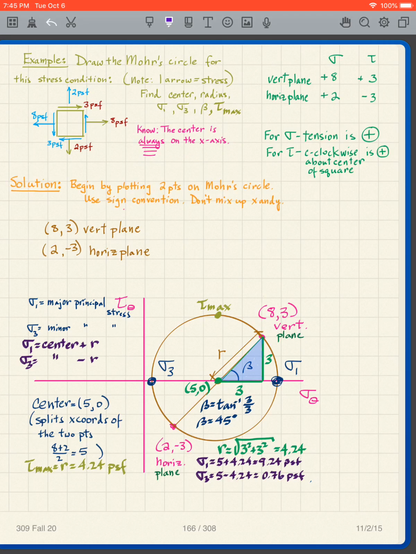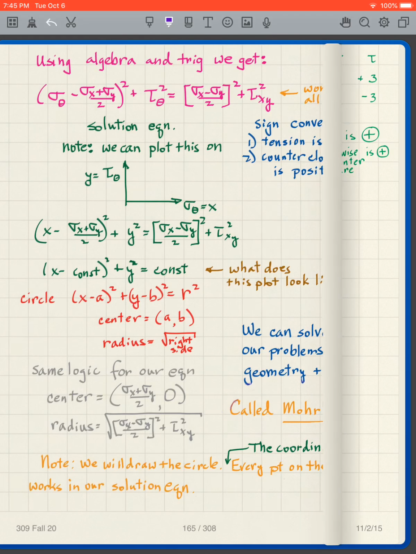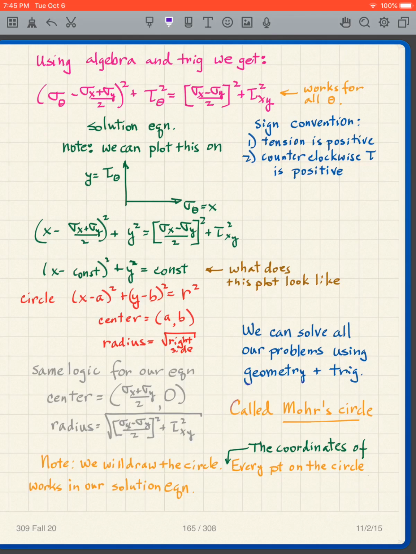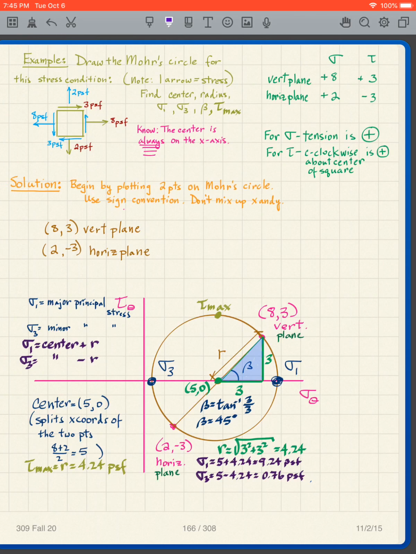Well, we know why, because the y-coordinate of the center is always 0. So that means the center is always on the x-axis. The y-coordinate of the center is 0. So the center of the circle is always on the x-axis.